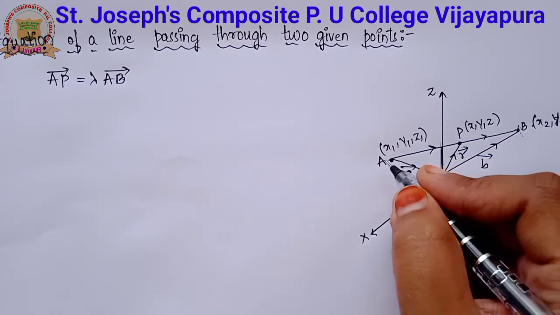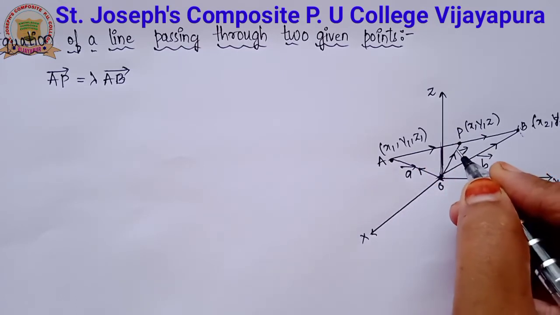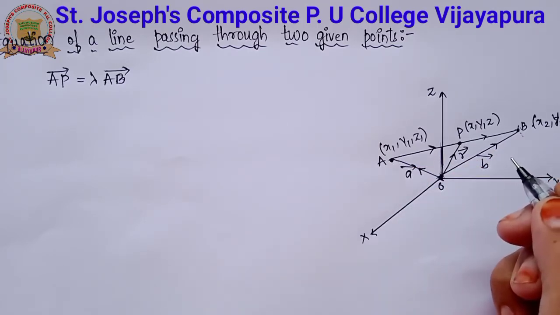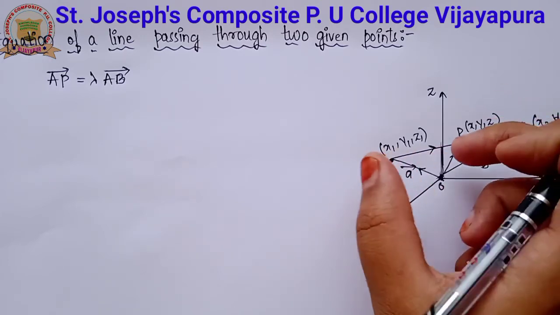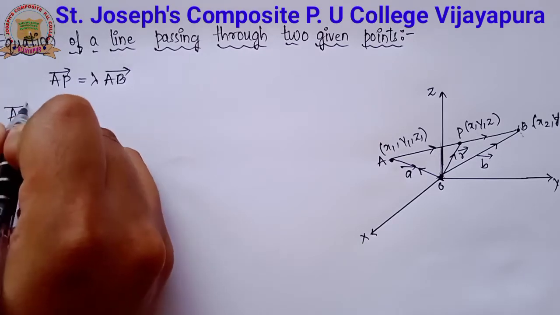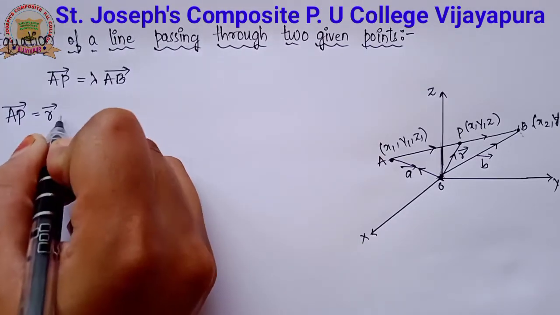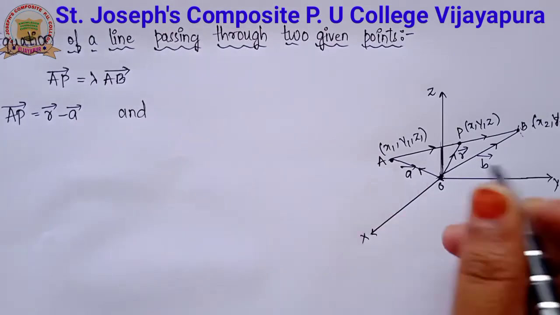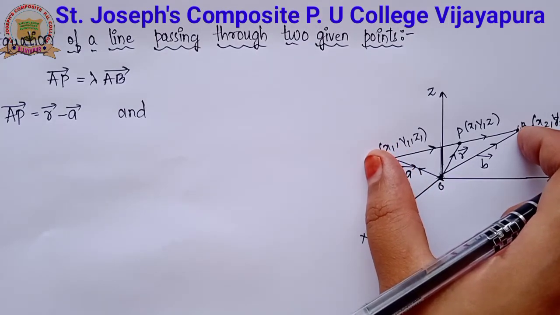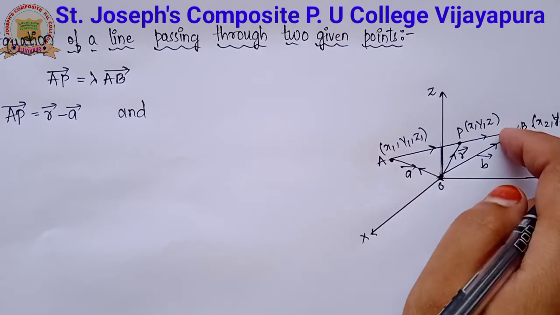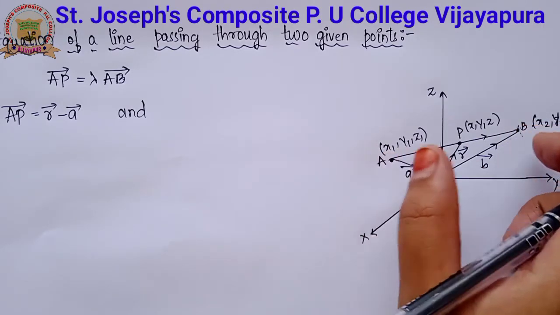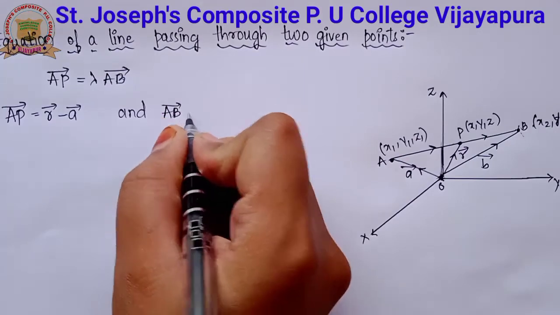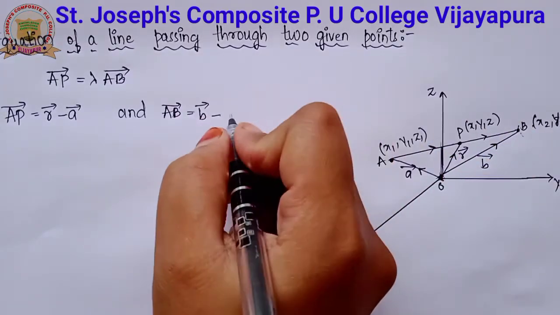So we write the vector AP as the position vector of P minus the position vector of A. Then we get vector AP equals vector R minus vector A, correct? And also, applying the triangle law of vector addition to the triangle AOB, we know vector AB equals the position vector of B minus the position vector of A. Then we get vector AB equals vector B minus vector A.